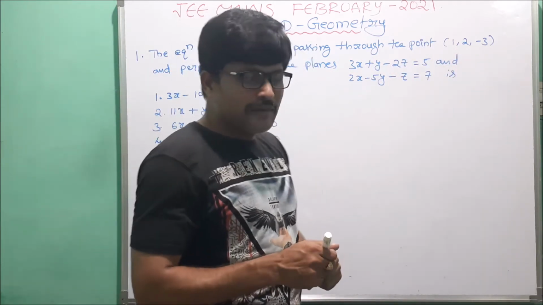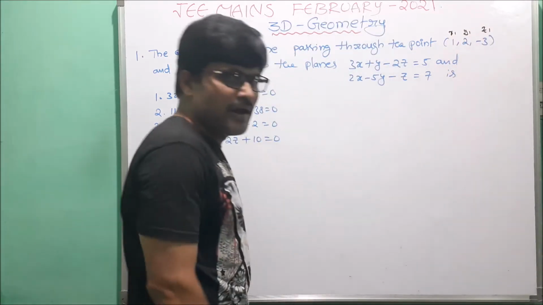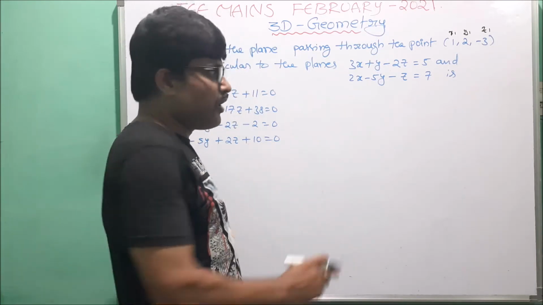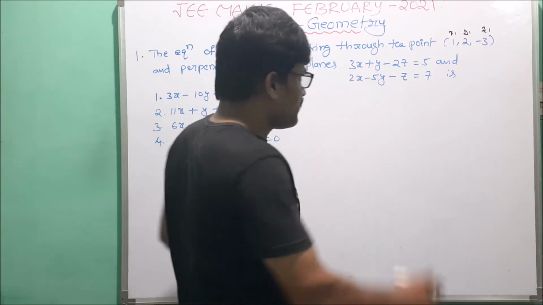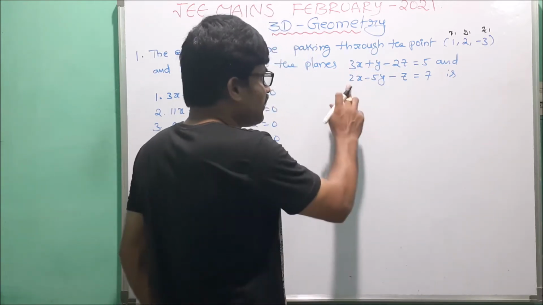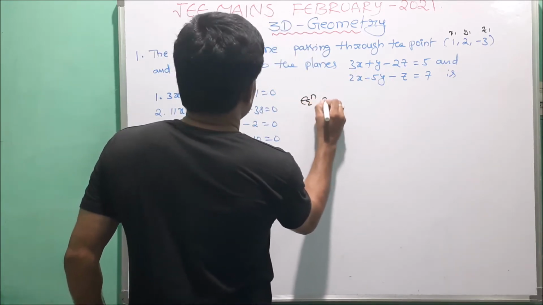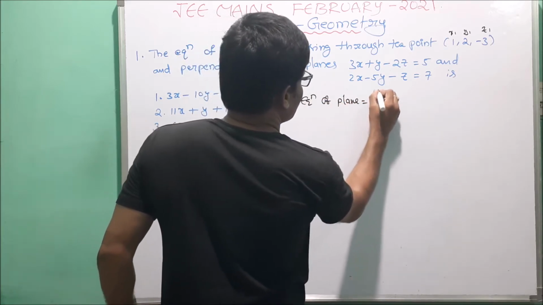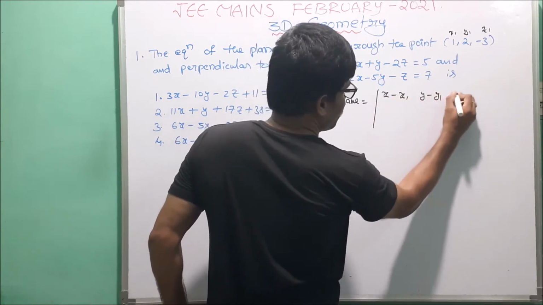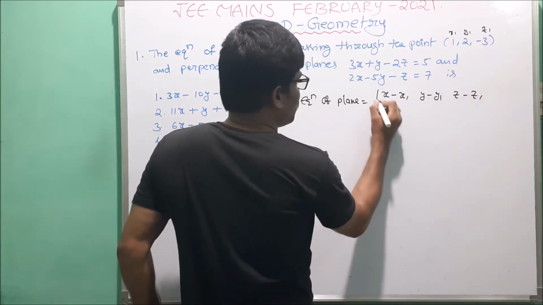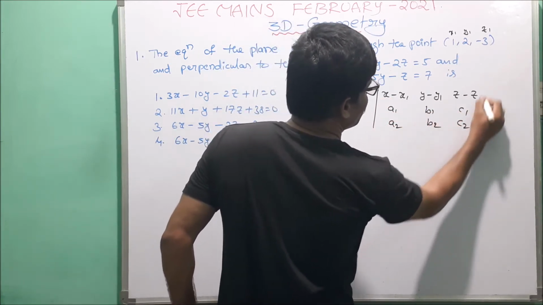Let me take the point as x1, y1, z1, and the direction ratios of the first plane are 3, 1, -2, the coefficients of x, y, z. Similarly the direction ratios of the second plane are 2, -5, -1. Using the formula, the equation of the plane is the determinant of x - x1, y - y1, z - z1; a1, b1, c1; a2, b2, c2, equal to 0.